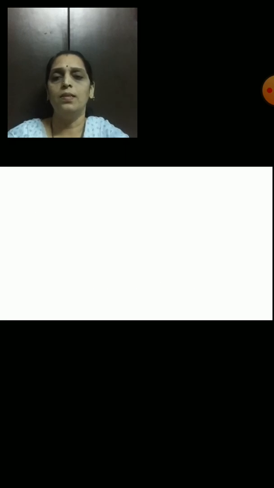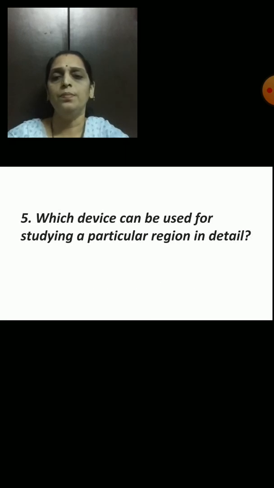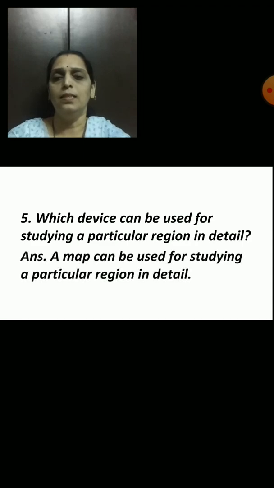Now the next, which device can be used for studying a particular region in detail? What will be the answer? Yes, a map can be used for studying a particular region in detail.